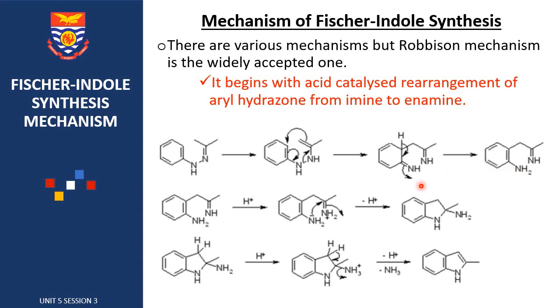Now, this product is then deprotonated to give the benzene amine product. So this is the benzene amine product, and this is also followed by an intramolecular nucleophilic attack to produce a ring form, first heterocyclic, which is saturated. It's also known as the benzene amine substituent as well, which leads to ring closure.